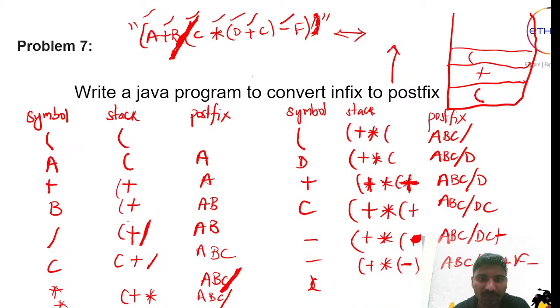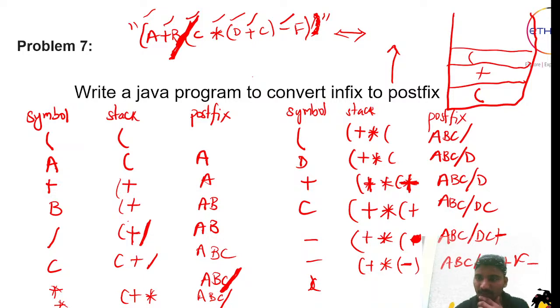Why? Because in the comment I'll be showing here, if this comes, that's fine. If in between this something is there, that's not fine, right? So to avoid this case, here in the else if part we will be checking while stack is not empty, stack dot isEmpty.